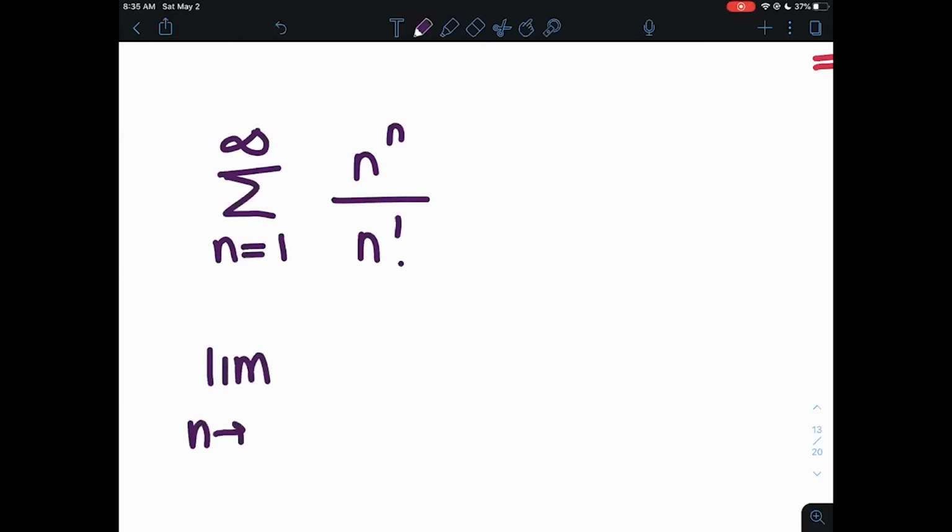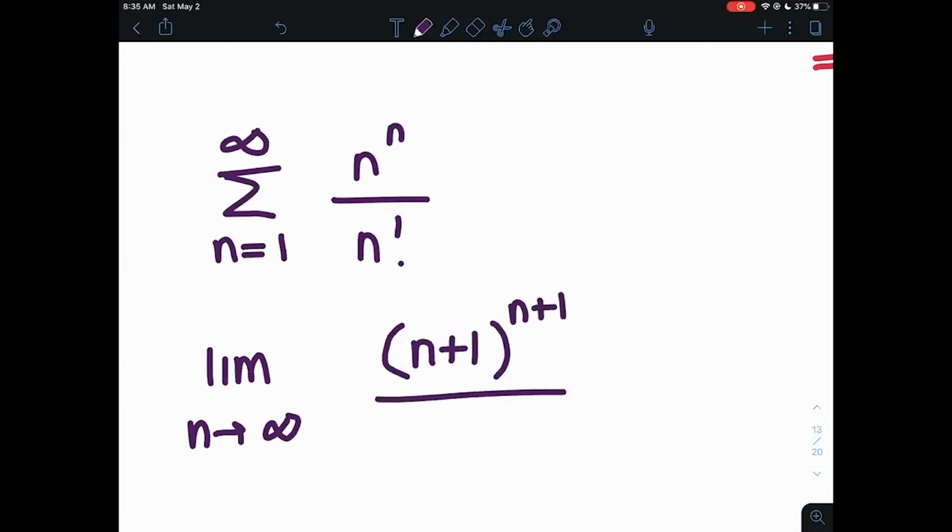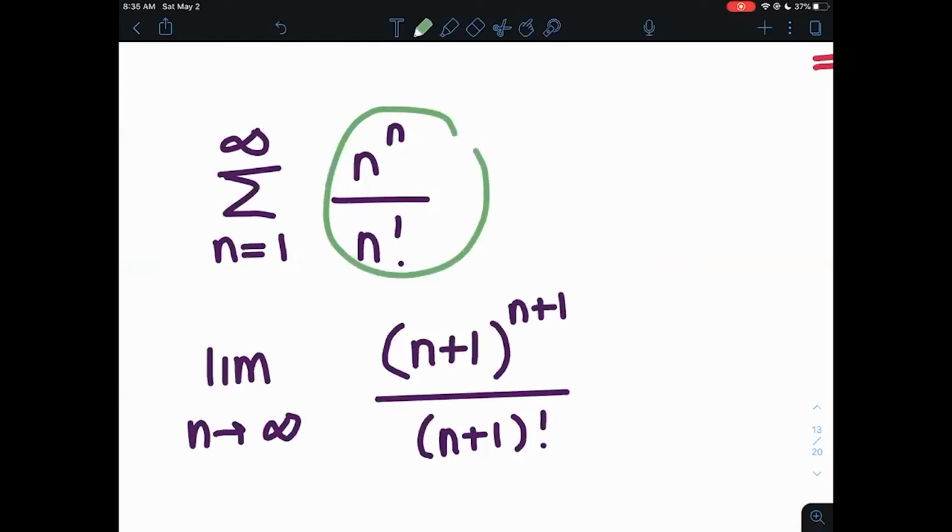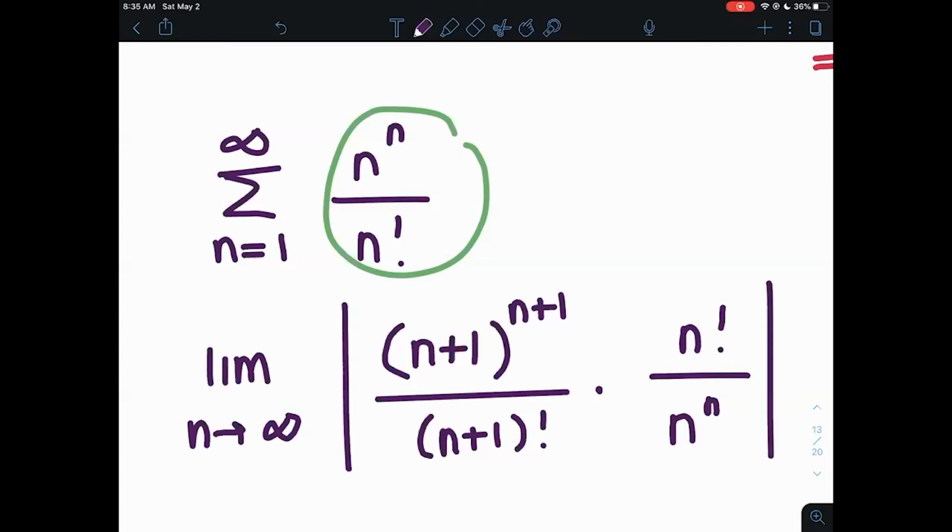So this becomes the limit as n approaches infinity of n plus 1 to the n plus 1 power over n plus 1 factorial over the original a sub n. I'm going to go ahead and flip that right away and multiply by the reciprocal. So I will have n factorial over n to the n and absolute value bars.